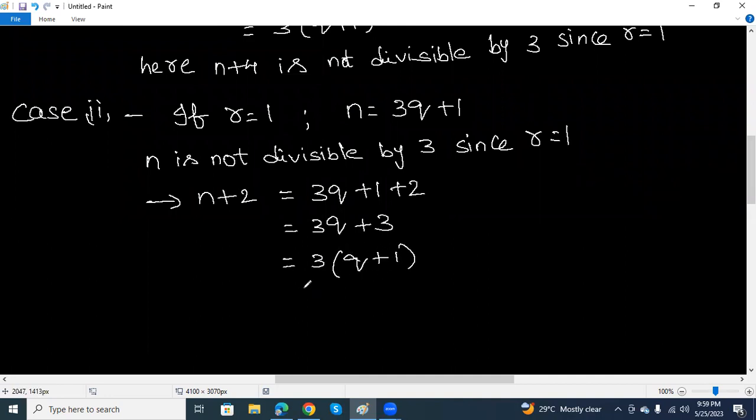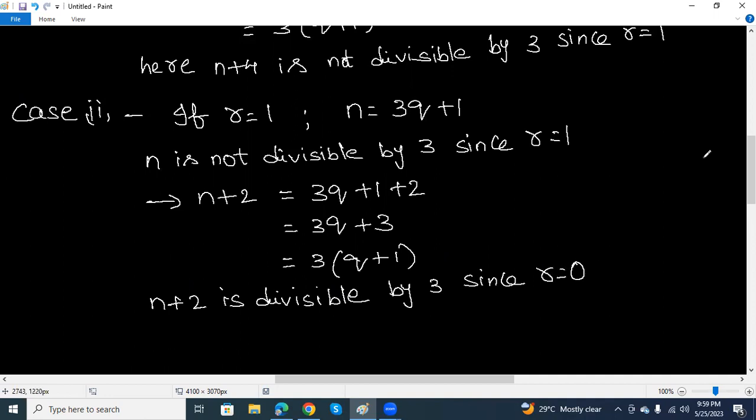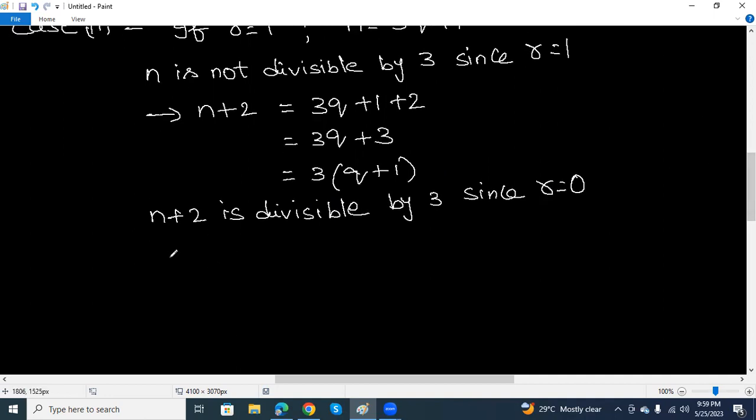So is any remainder there here? No, 0 remainder. So n plus 2 is divisible by 3, since the remainder is 0 here. Now add plus 4 to both sides. So 3q plus 5.